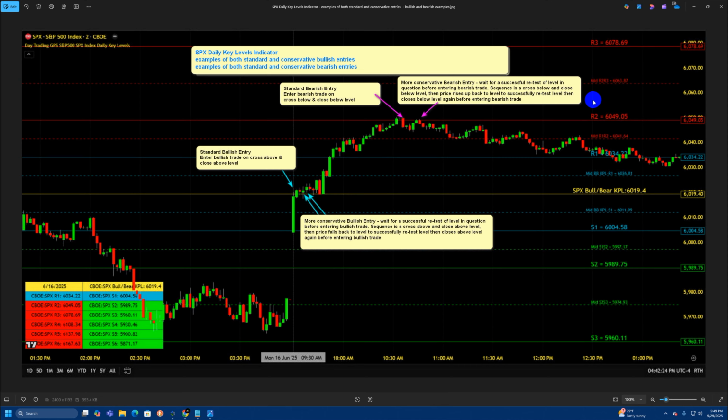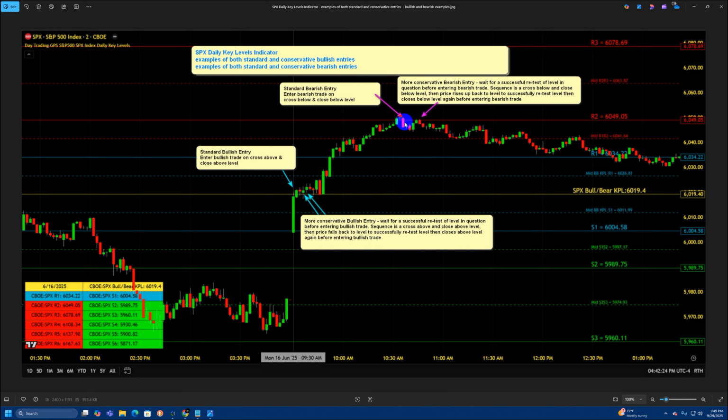And again, on the new V2.0 indicator, it will auto plot that level for you if you go ahead and enable it. Now, looking at the more conservative bearish entry, it's just like the bullish one that we did, except in reverse. We're waiting for a successful retest of this level before entering the bearish trade. So in this sequence, it's basically the reverse of this sequence down here for the bullish entry.